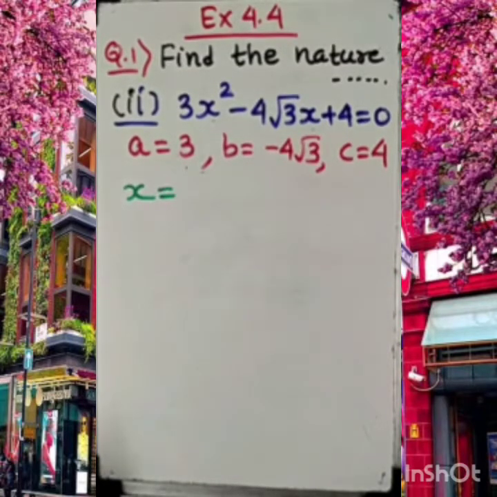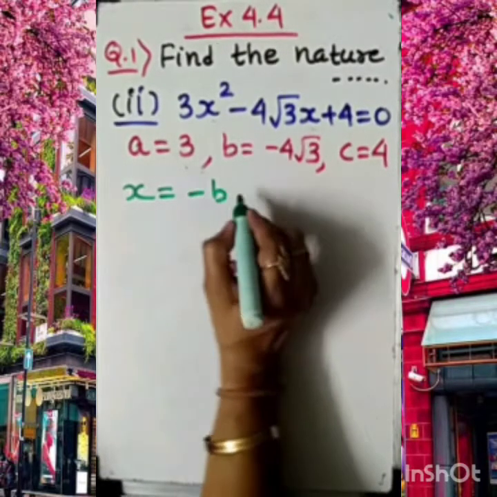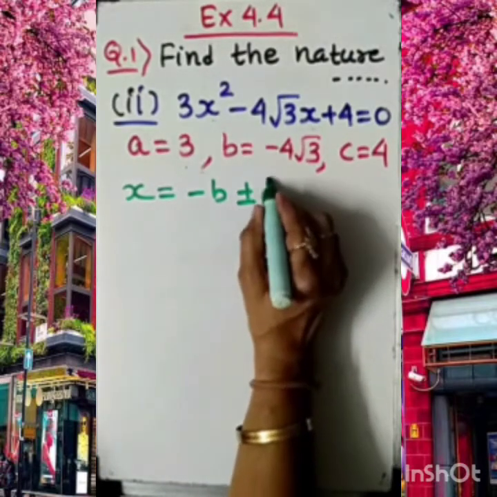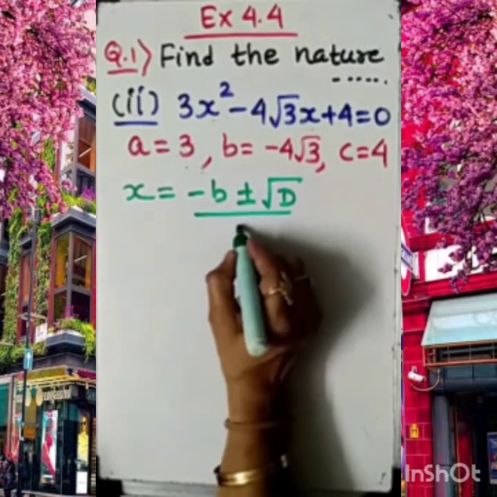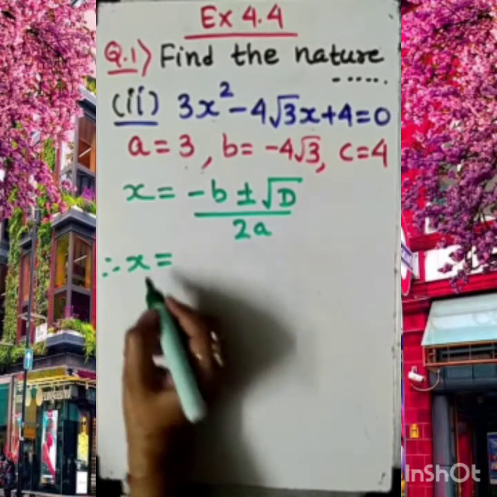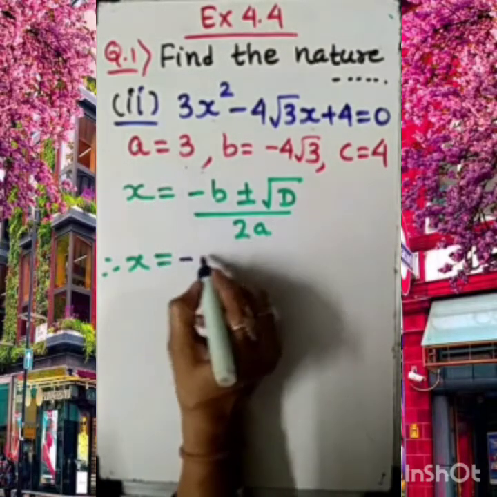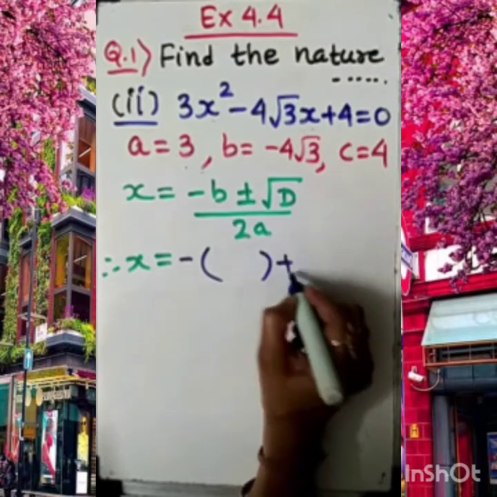The formula to find the roots of a quadratic equation is x = (−b ± √D) / 2a. Now let's substitute the values. Here x is as it is. Now carefully insert the values, and this minus is outside already.